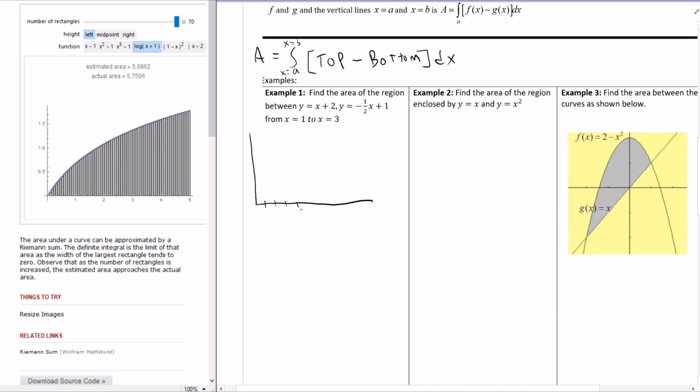So here are our two functions. I'm going to do some examples. In example 1, we want to find the area of the region between y equals x plus 2 and y equals negative 1/2 x plus 1. So x plus 2 is a line that starts at 2 and has a slope of 1, so it's going to look like this.